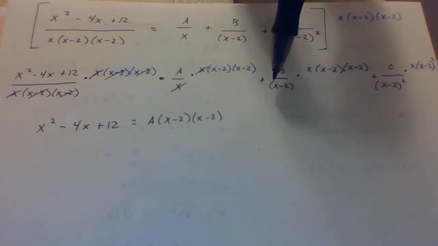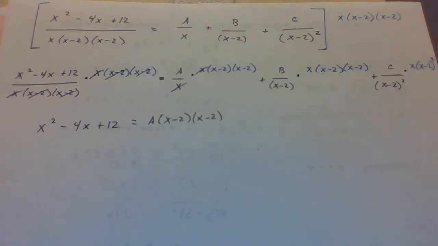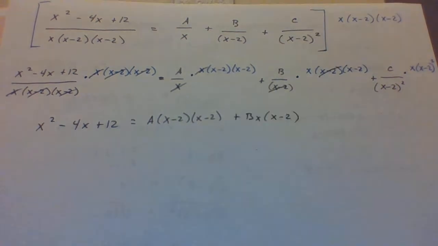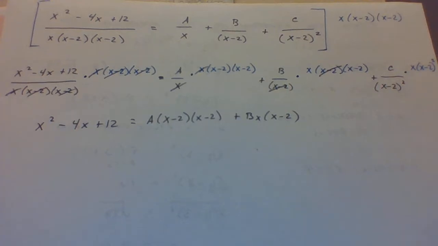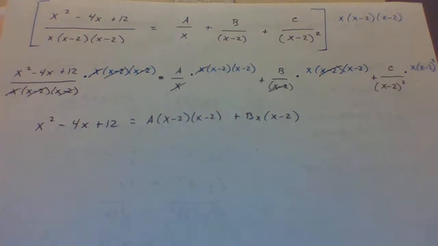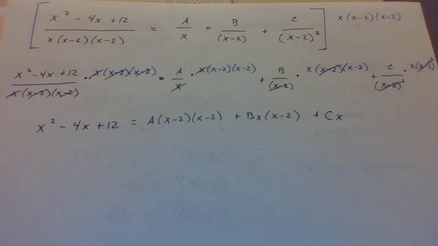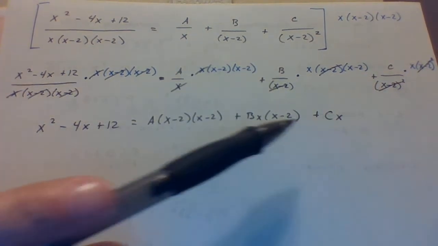This x minus 2 in my denominator is going to cancel with one of these sets of parentheses, the x minus 2, and we're going to be left with b times x minus 2. And for our third set over here, the x minus 2 quantity squared on the bottom is going to cancel with the x minus 2 quantity squared on top, and we're going to be left with c times x.